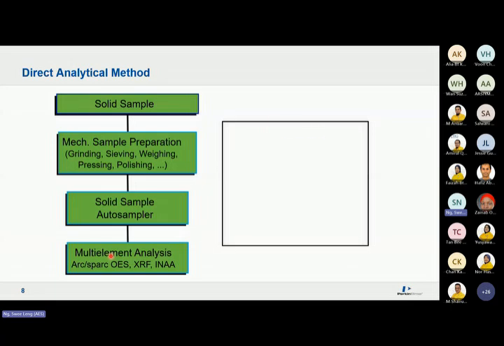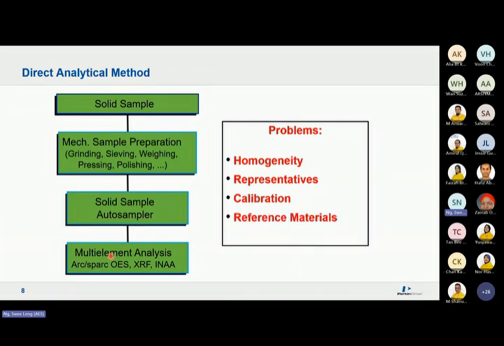But what is the problem when we want to do this? We must ensure that homogeneity is there. Our very small sample must represent the big one, and your calibration curve also needs to be representative, because whatever method you want to do, you must have a reference material to represent you.